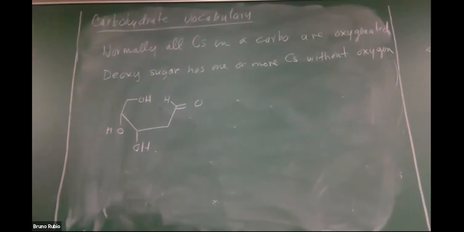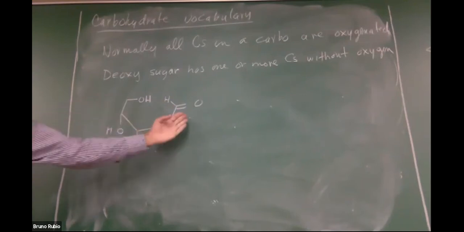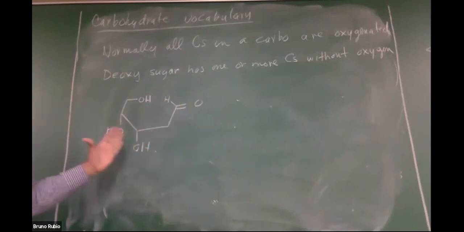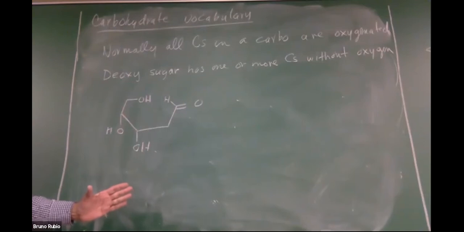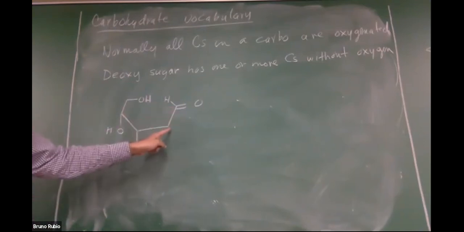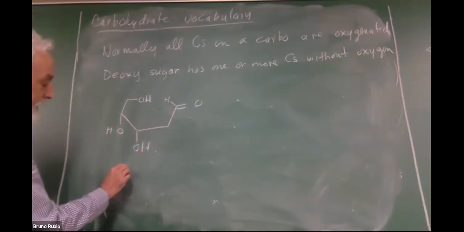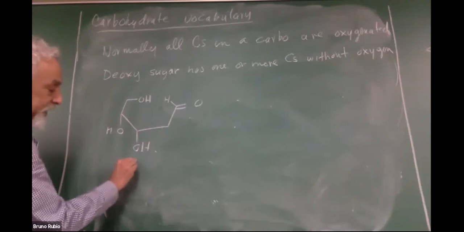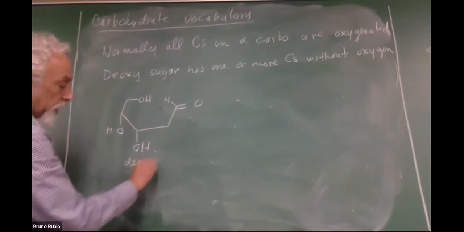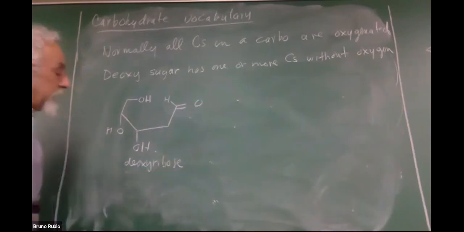I'm just drawing a bond line structure. And you see it's a 1, 2, 3, 4, 5. It's a pentose. It's an aldehyde. It's an aldopentose. But this carbon right here doesn't have any oxygen on it. So this is deoxyribose, and it's an example of a deoxy sugar.